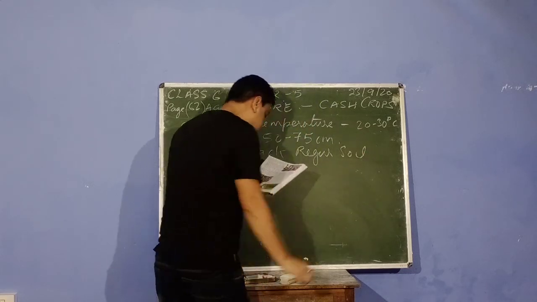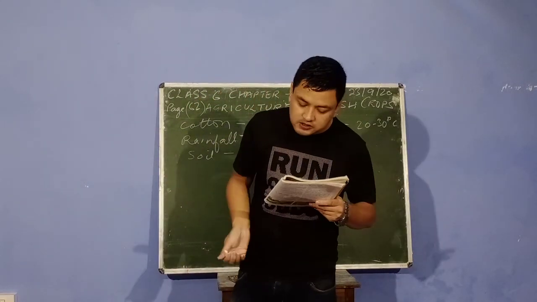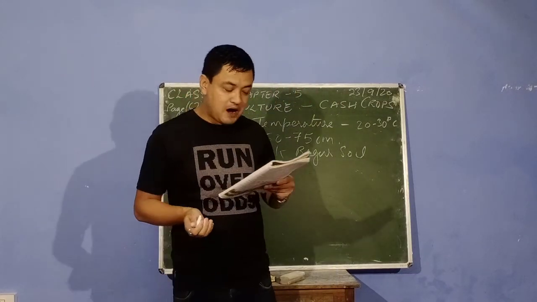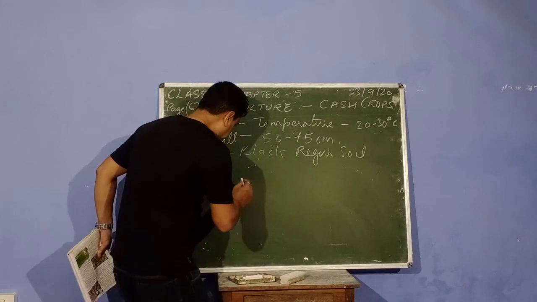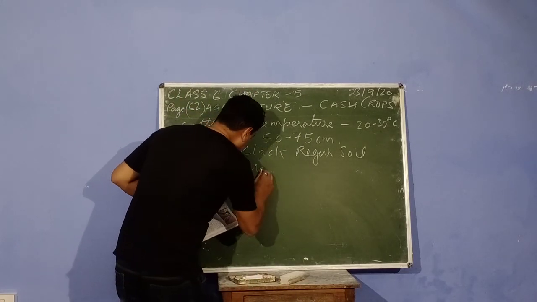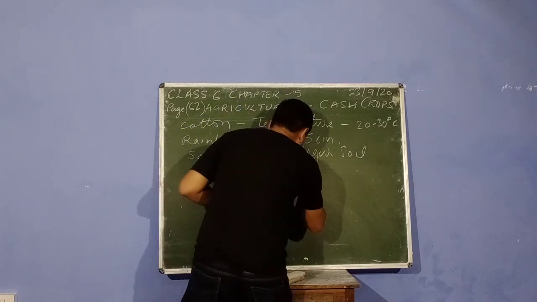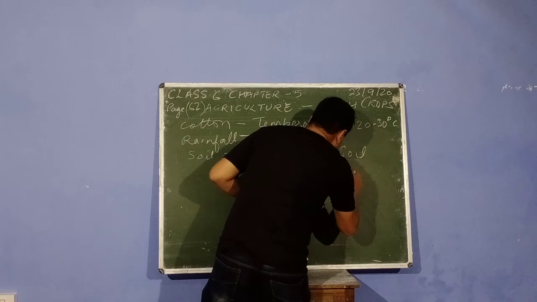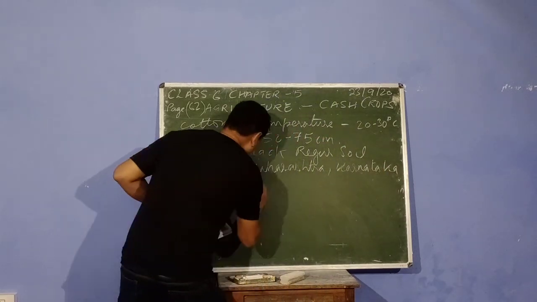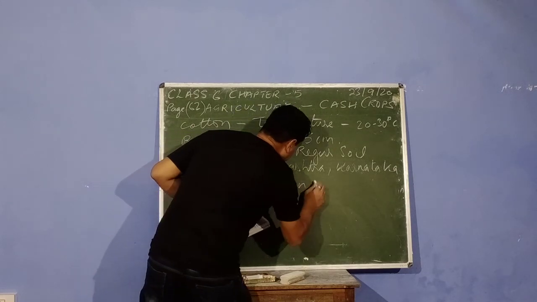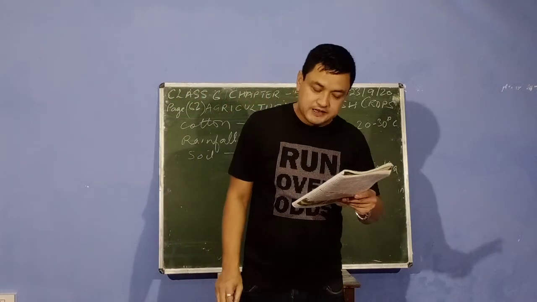Now, black regur soil is a volcanic soil or lava soil, which is found in Maharashtra, M-A-H-A, Maharashtra, as well as in Karnataka, as well as in the Deccan tracts. Whenever we are talking about the Deccan, we are talking about the Deccan Plateau of India.